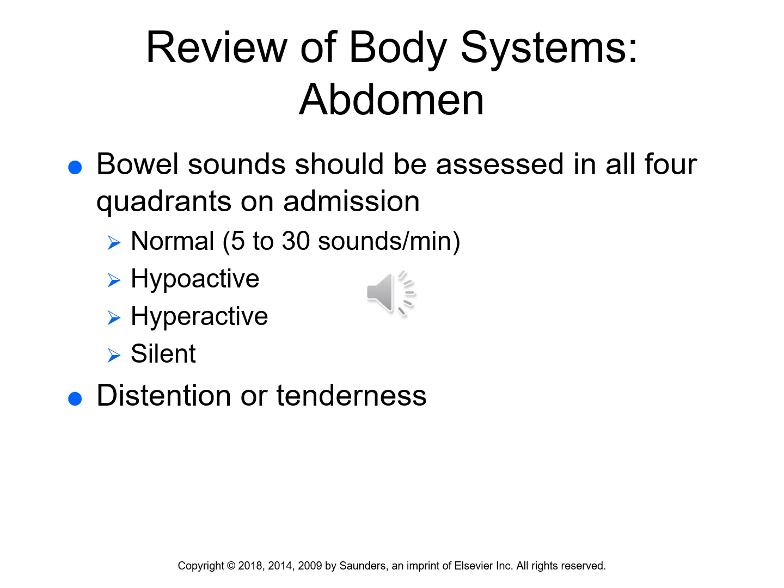To successfully perform this portion of the examination, the patient should be relaxed. A dorsal recumbent position, lying on their back with their knees bent and feet flat, will facilitate relaxation for the abdominal assessment.